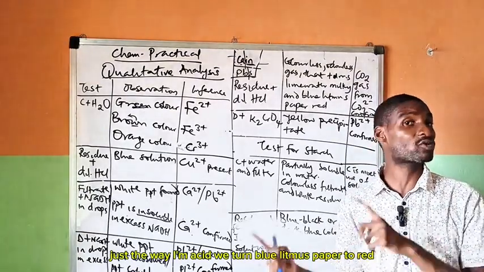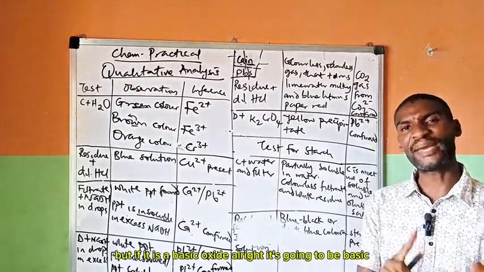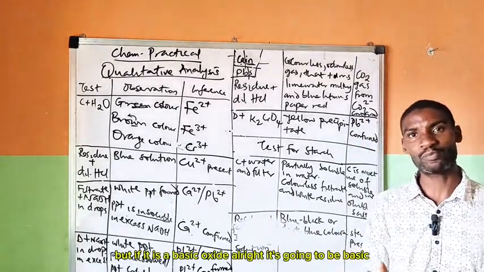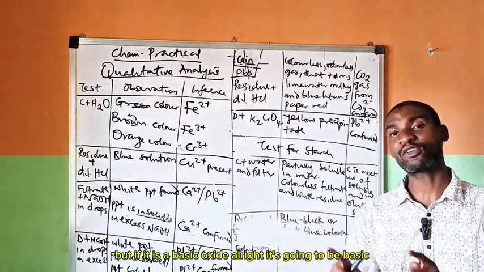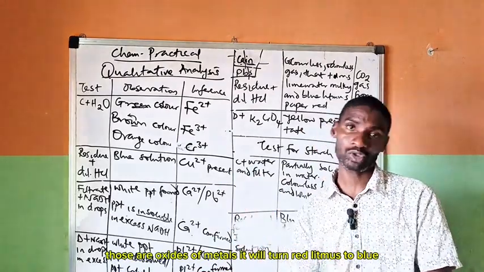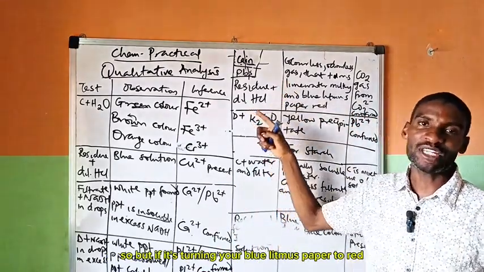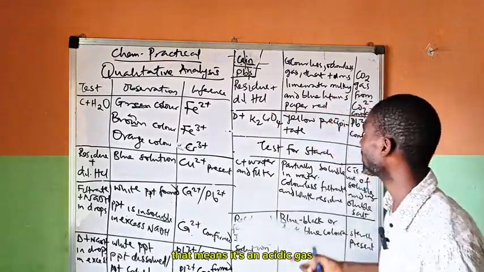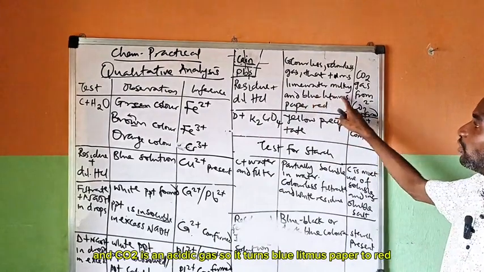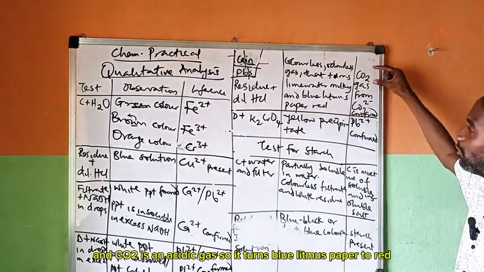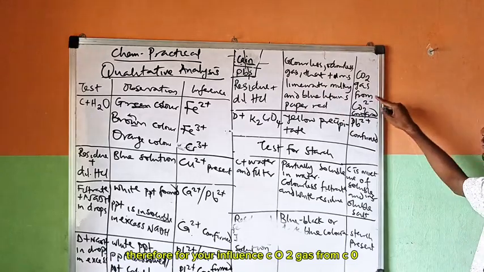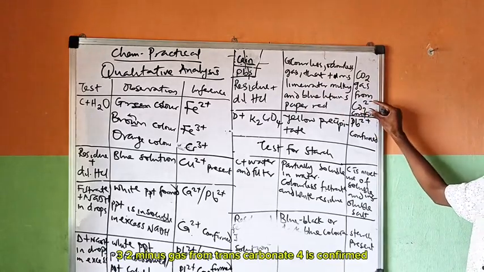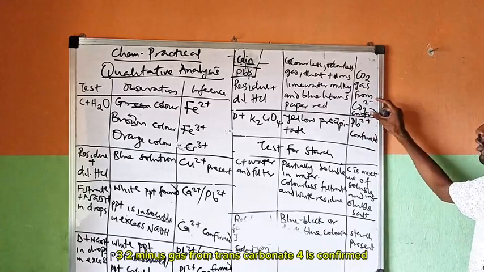But if it is a basic oxide, those are oxides of metals, it will turn red litmus to blue. So if it's turning your blue litmus paper to red, that means it's an acidic gas, and CO2 is an acidic gas. Therefore, for your inference, CO2 gas from CO3 2-, that's from trioxocarbonate(IV), is confirmed.